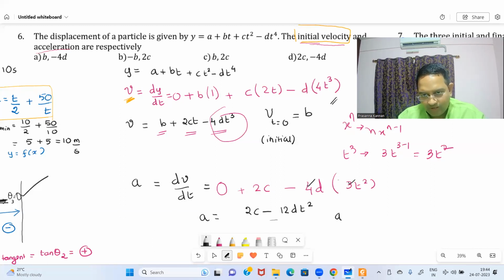Now I want initial acceleration. Initial acceleration means what I should do? T is 0. Excellent. So when I substitute T equal to 0, what will vanish? T is 0. What is 0 square? 0. 0 into D. What is 0 into constant?